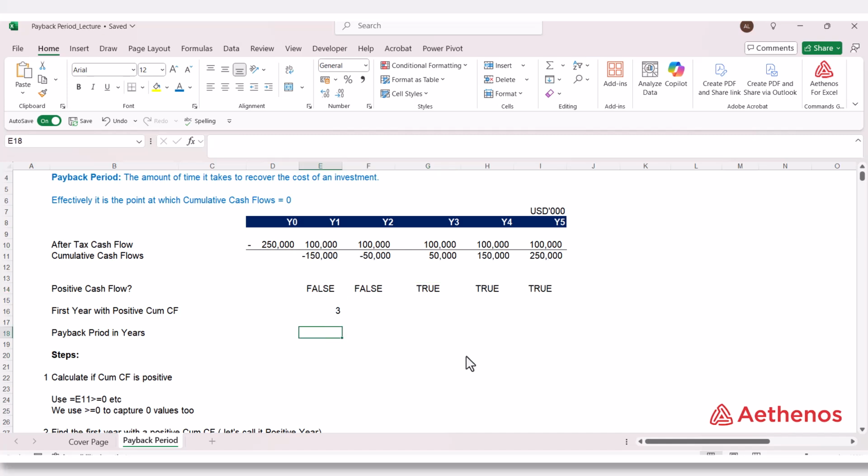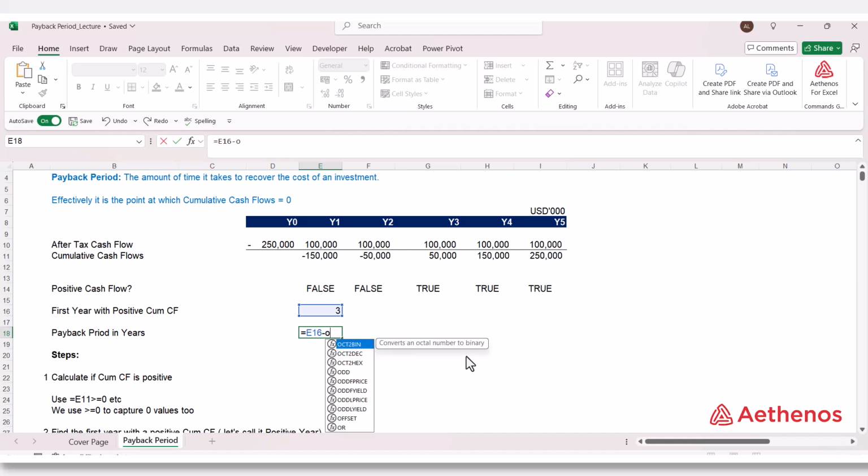So here, if I write the formula, it's equal to 3 years minus, now I have to find the X, so I can write an OFFSET function, and I start from here, D11, and I go 0 rows and 3 columns.